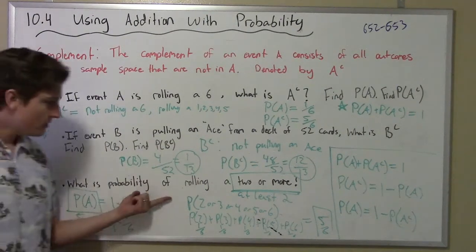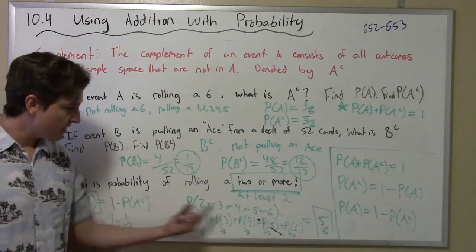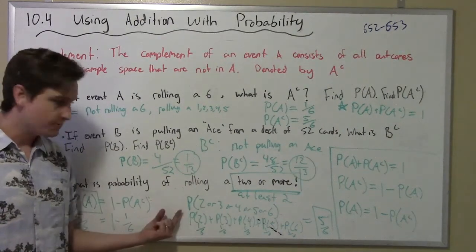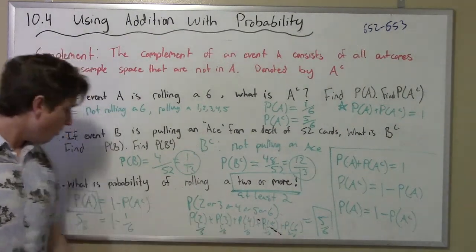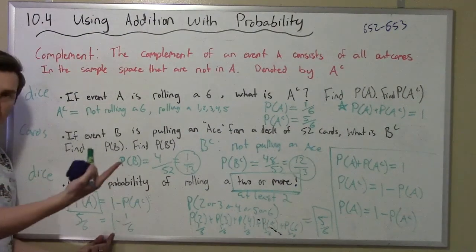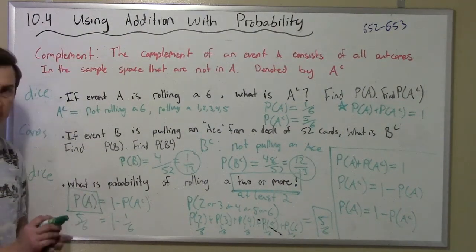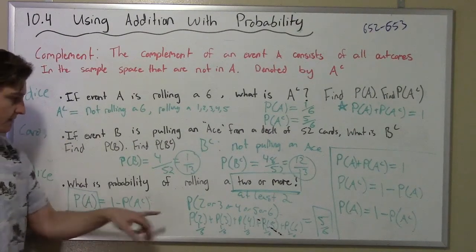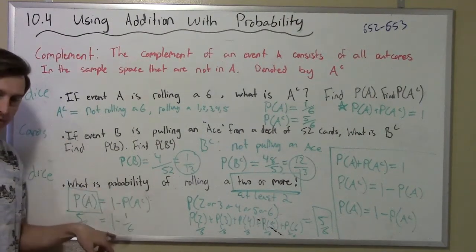Do you want to find the probability of all these different possible outcomes and add them all together? Or do you just want to find the probability of the opposite happening and subtract it from 1? The choice is up to you, but sometimes this strategy will be much, much easier.